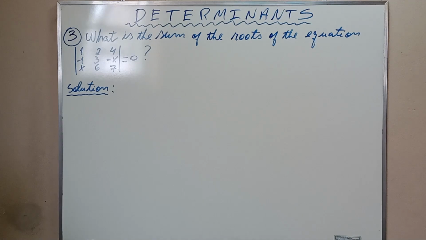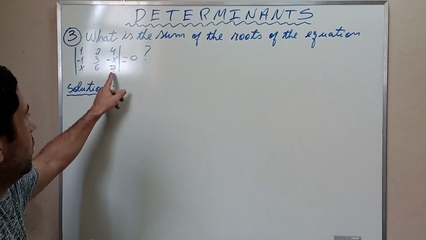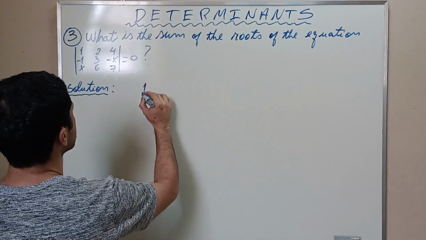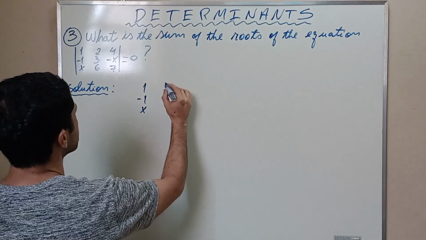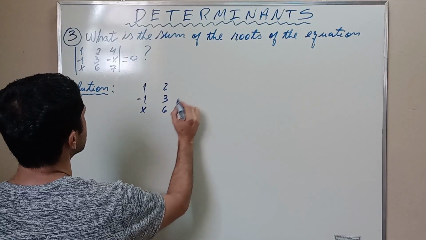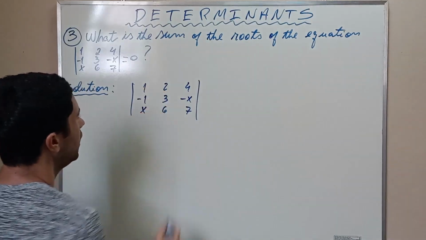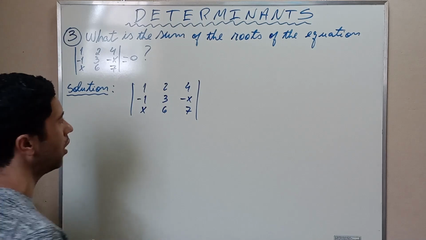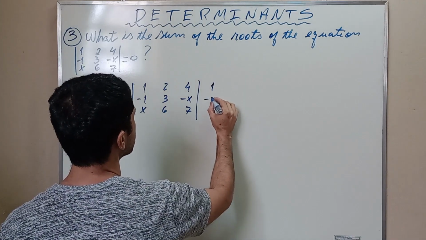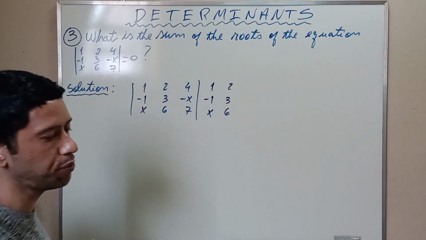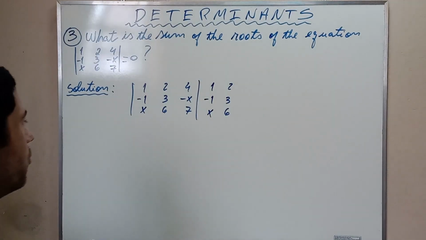To find the roots of this equation, we firstly calculate the determinant using the rule of Sarrus. Again, we're going to use the rule of Sarrus. We simply copy the matrix and we copy the first two columns and we multiply in accordance with these arrows.